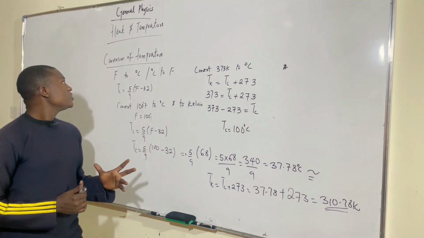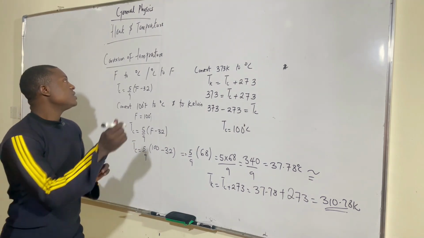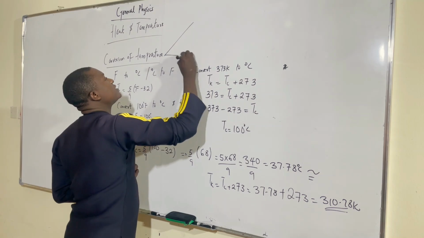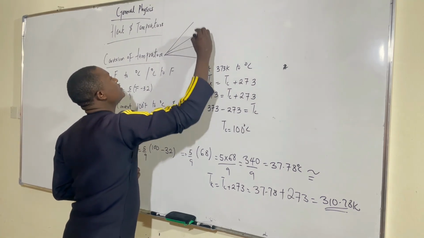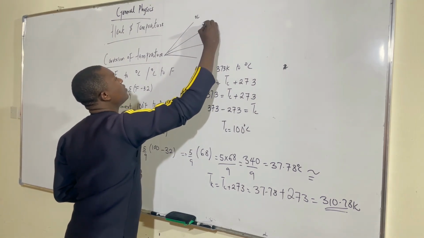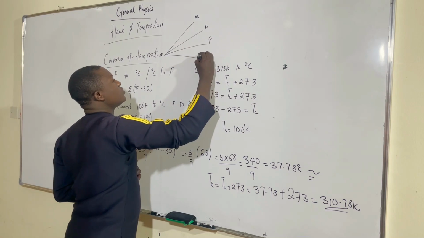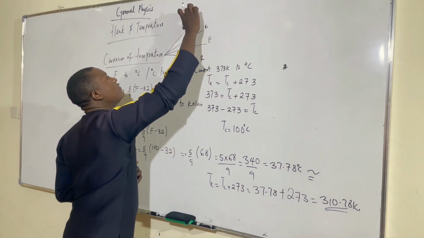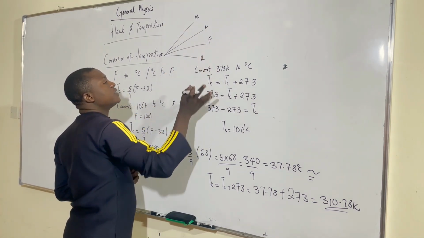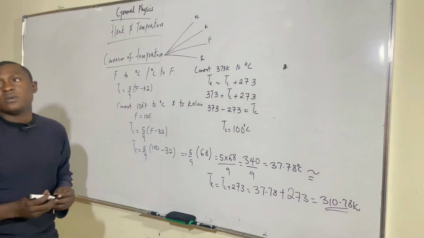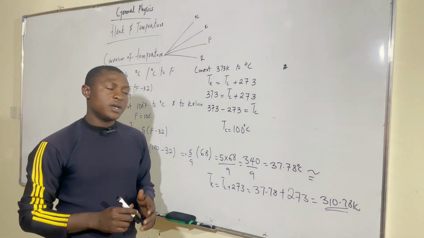For temperature, as we mentioned, it has 4 units: degrees Celsius, Kelvin, Fahrenheit or Rankine. You will be asked to convert from one unit to the other. Once you master the formula, then you're free to apply it.